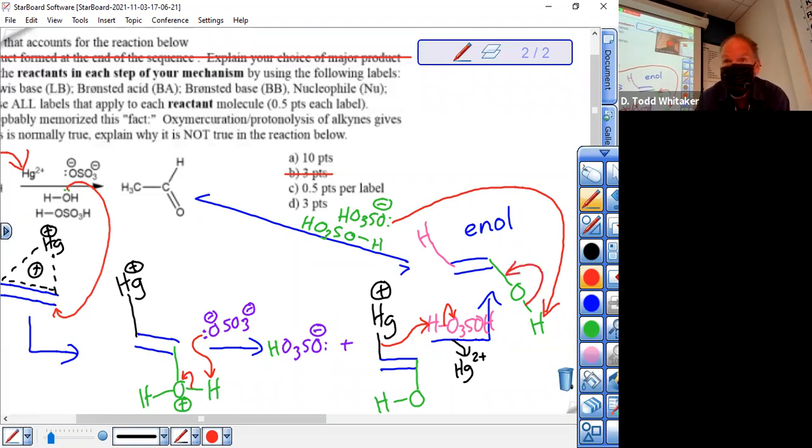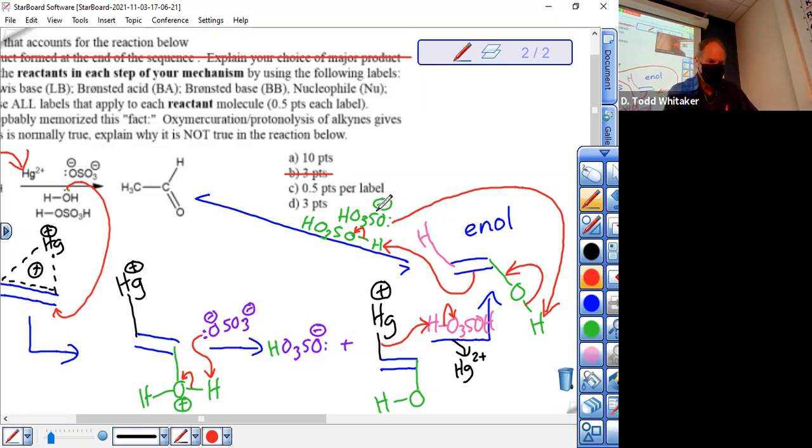That's going to be a carbonyl, in this case an aldehyde. And then the pi picks up a proton from sulfuric acid. Sulfuric acid's a catalyst. You used it here, and you made it here.